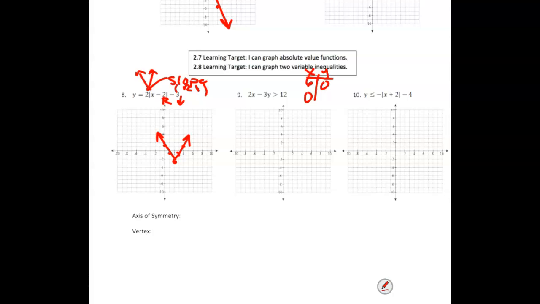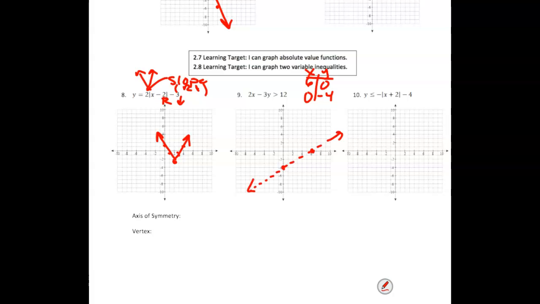If we put a 0 in for x, we've got negative 3y equaling 12, so y is negative 4. Now, there is no equal sign in this, correct? We pretend there is when we find the intercepts, but when we go to graph it, what kind of line are we going to have? We're going to have a dotted line. So through those 2 points, we're going to draw a dotted line.